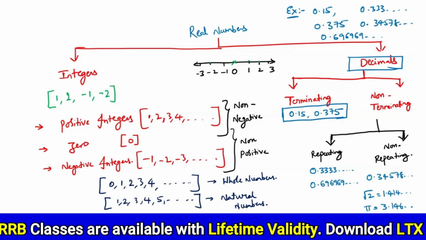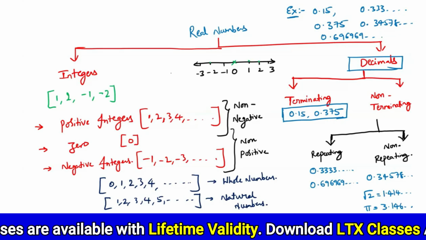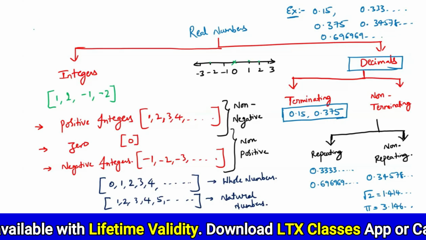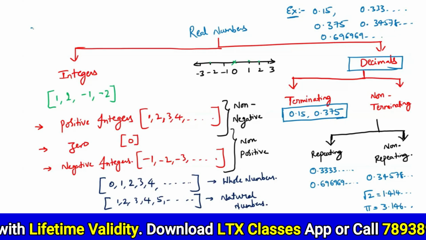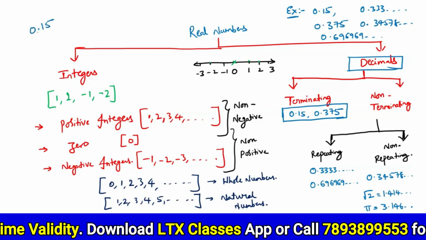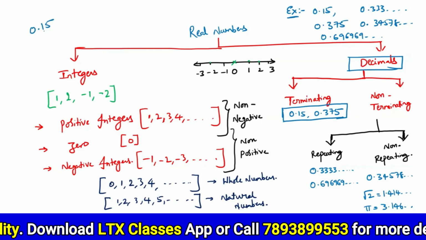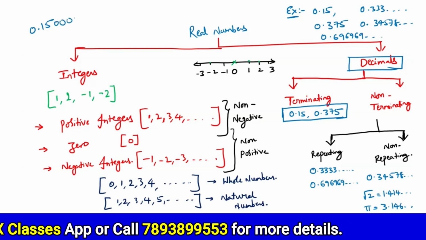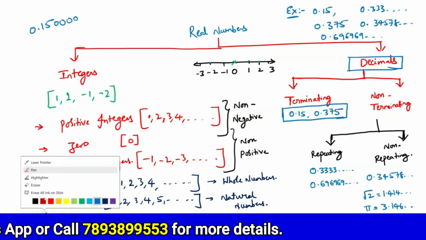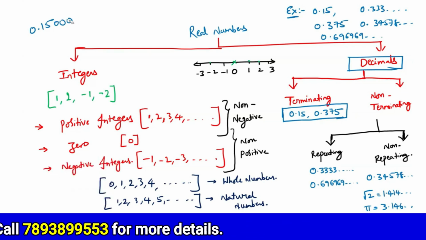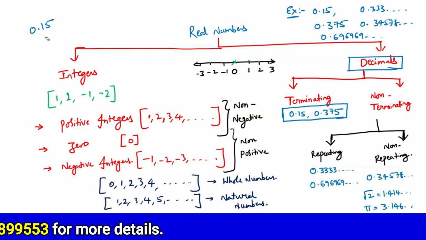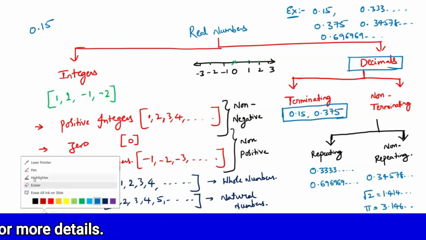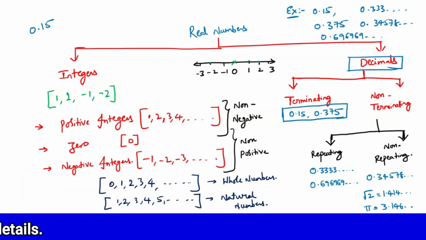See, regarding terminating decimal, the example I wrote is 0.15. That means after the decimal point, you will have 1 and 5 as the numbers. And after this, you will get 0. 0 means generally we don't write it. So generally this is called what? Terminating decimal, because after the decimal point, the numbers are getting terminated.